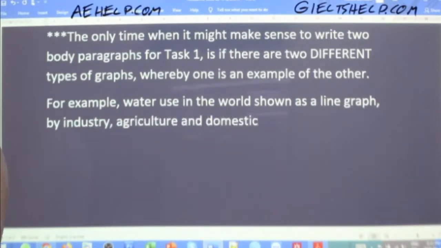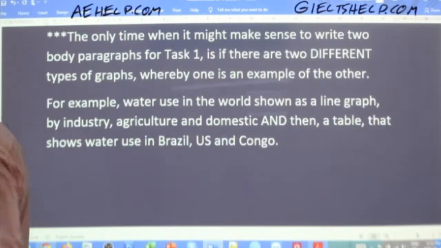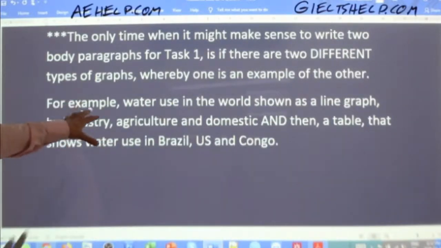This is a very famous example that maybe some of you have seen online. And then a table that shows water use in Brazil, US, and Congo. I can't remember the exact countries, okay? So here, it might make sense to do two body paragraphs, okay?